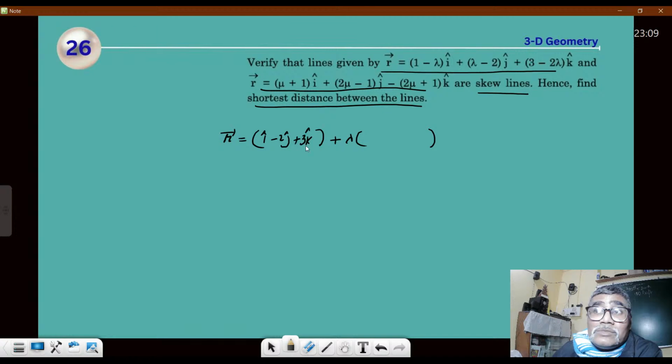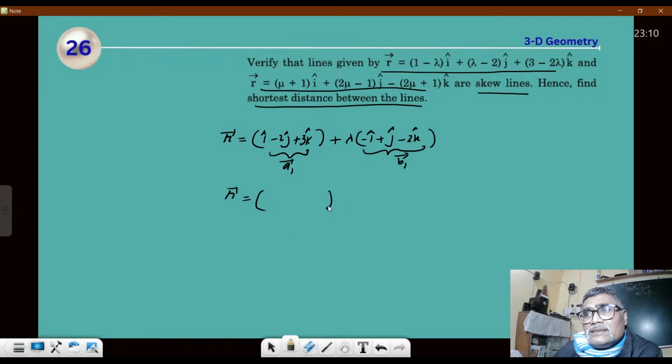Then with lambda you write here minus i cap, plus j cap, and lastly minus 2 k cap. So you got this as B1, and this is A1. You have to be very, very alert about understanding this.